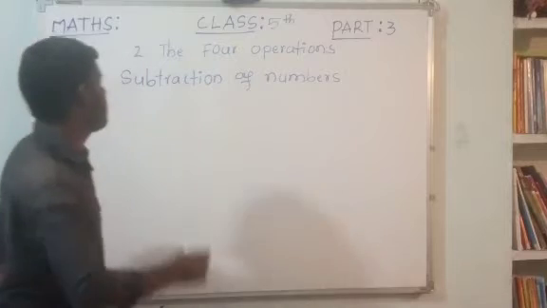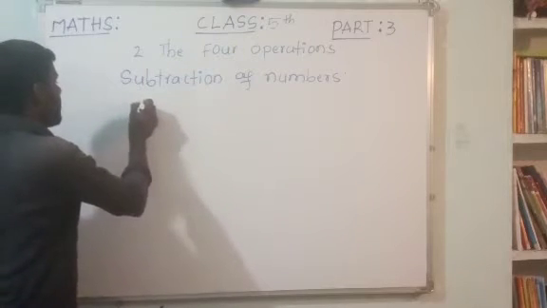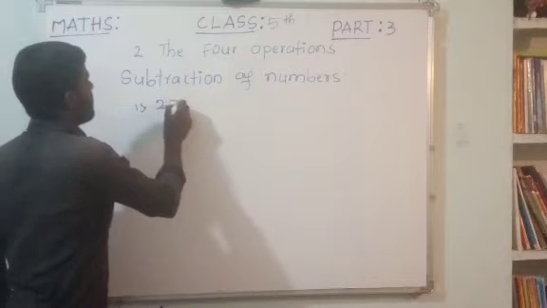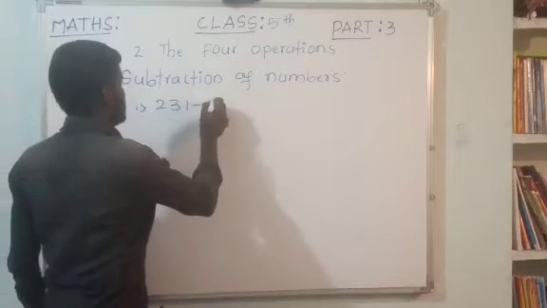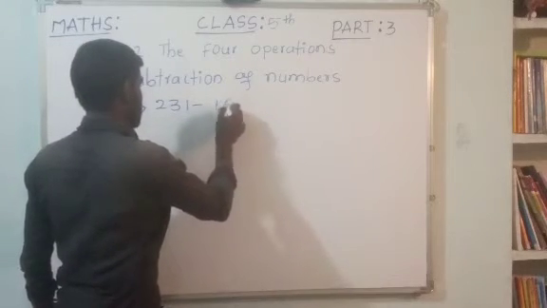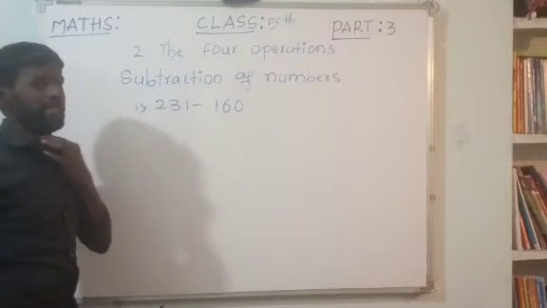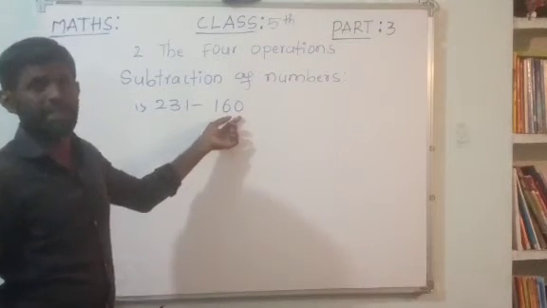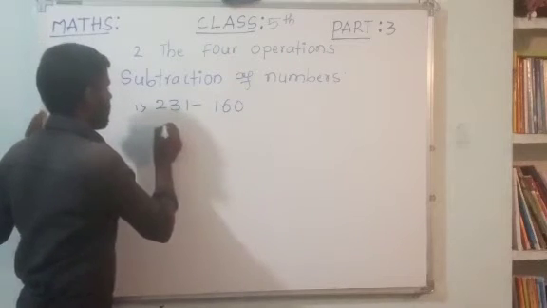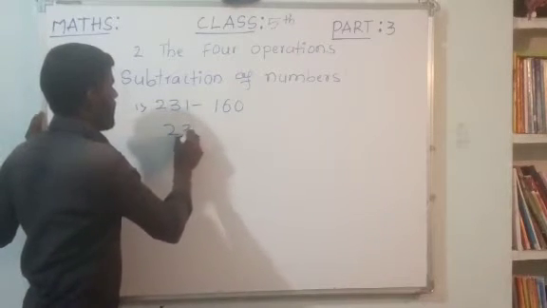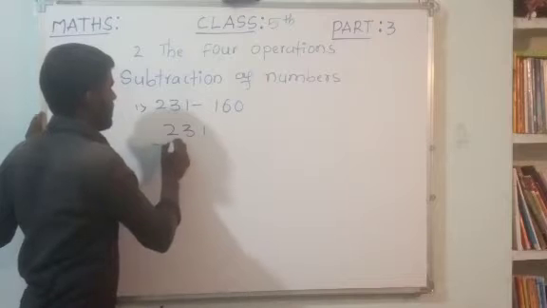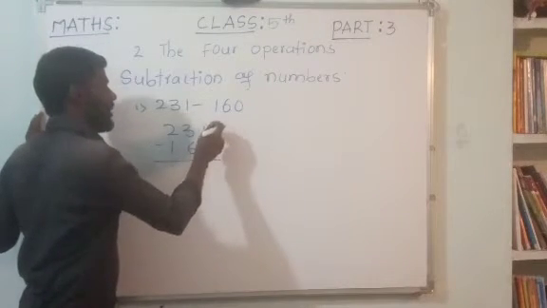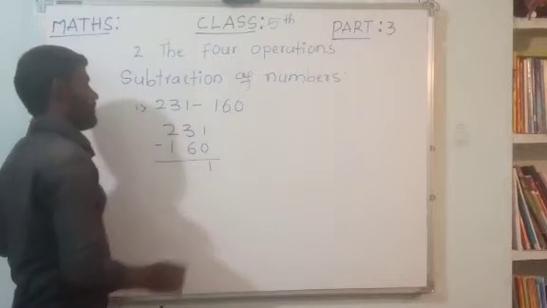Suppose, example 1: 231 minus 160. Here 231 and 160, these two 3-digit numbers, we subtract. 1 minus 0 means 1.